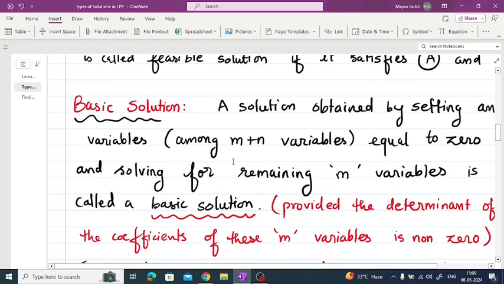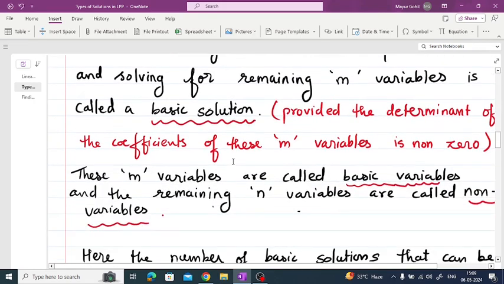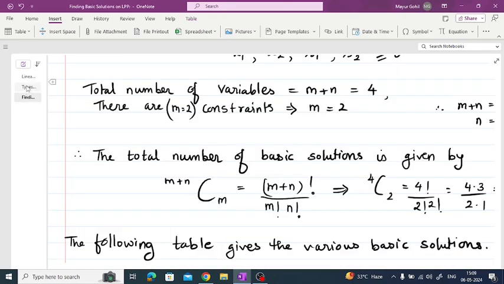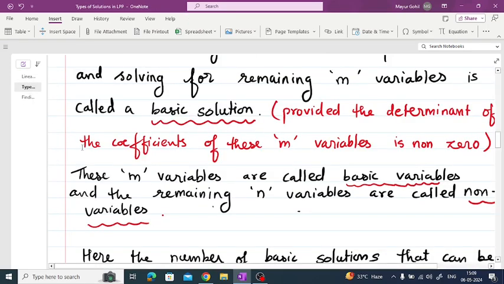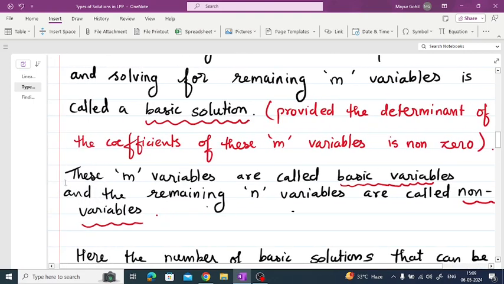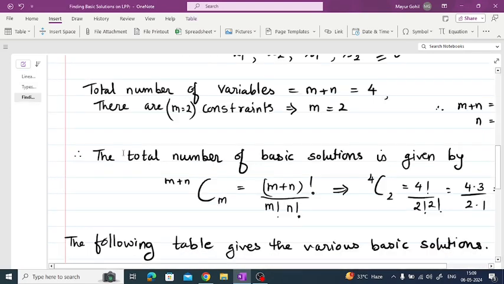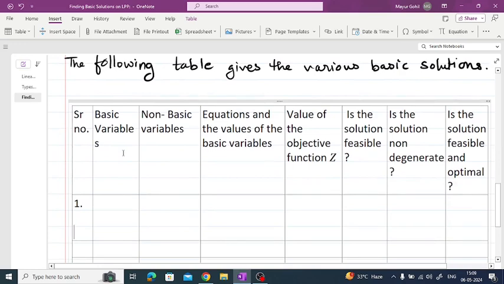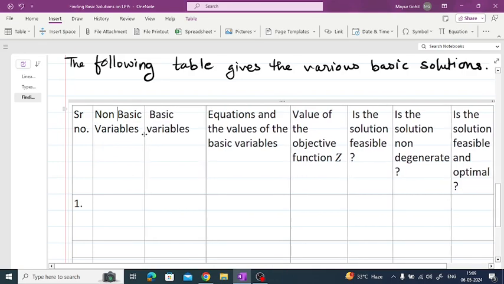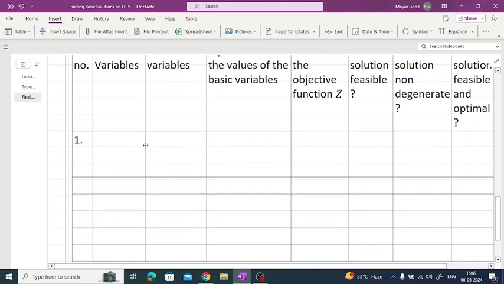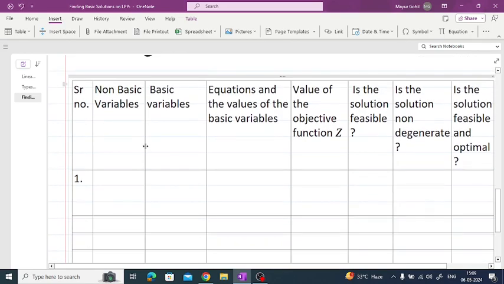Those n variables that we set to 0 are called non-basic variables. So we write down non-basic variables first and then the basic ones.